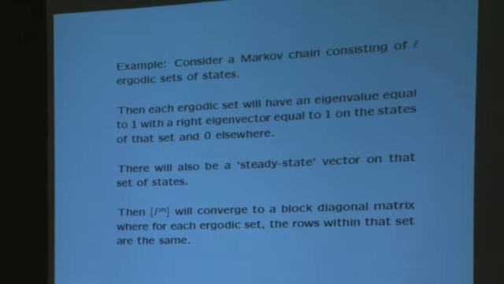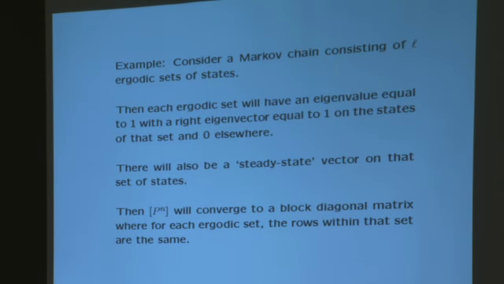Each ergodic set has an eigenvalue equal to 1, and has a right eigenvector equal to 1 on the set of states of that set and 0 elsewhere. There's also a steady state vector on that set of states. We've already seen that. So P to the n converges to a block diagonal matrix where for each ergodic set, the rows within that set are the same.